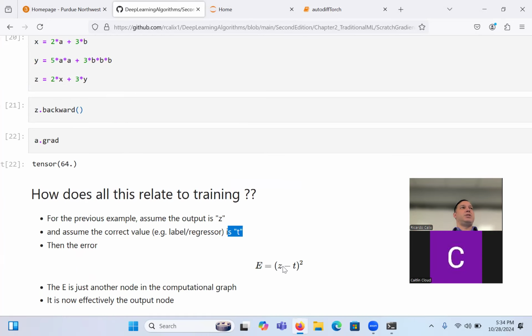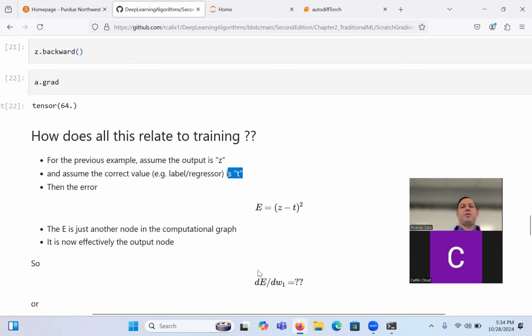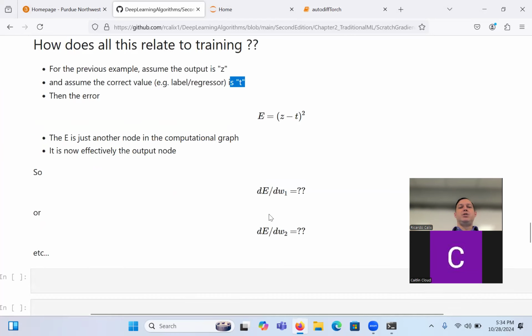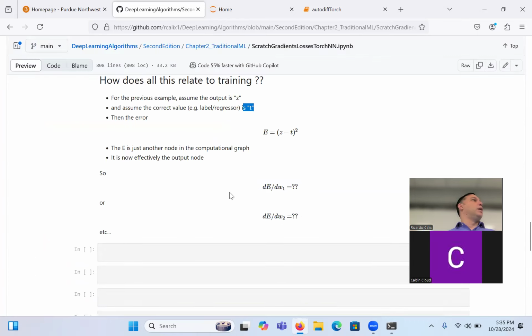So you have that computational graph, and that's the node E, and you can perform the same operation I've been doing, just in terms of dE over dW1 or dA, or dE over dB or dW2. Does that make sense, guys? That's the whole trick with what's going on in the model.